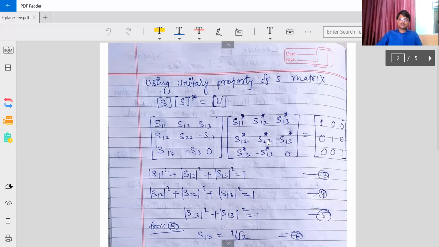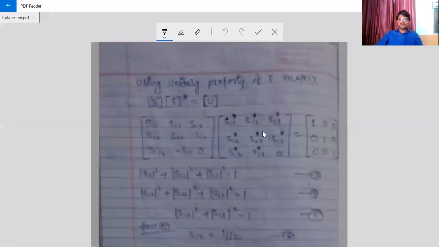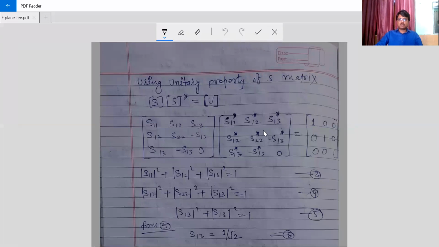Okay, so what can we write? There are two properties: one is the unitary property, and the other is the zero property. So there are three ones.